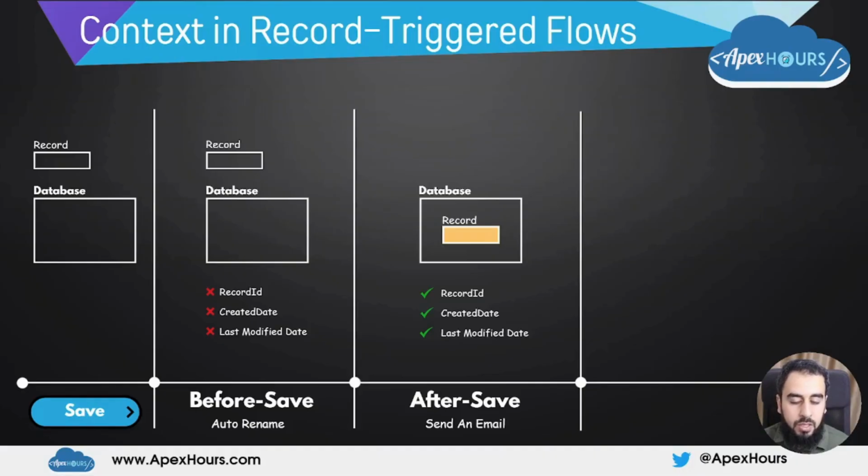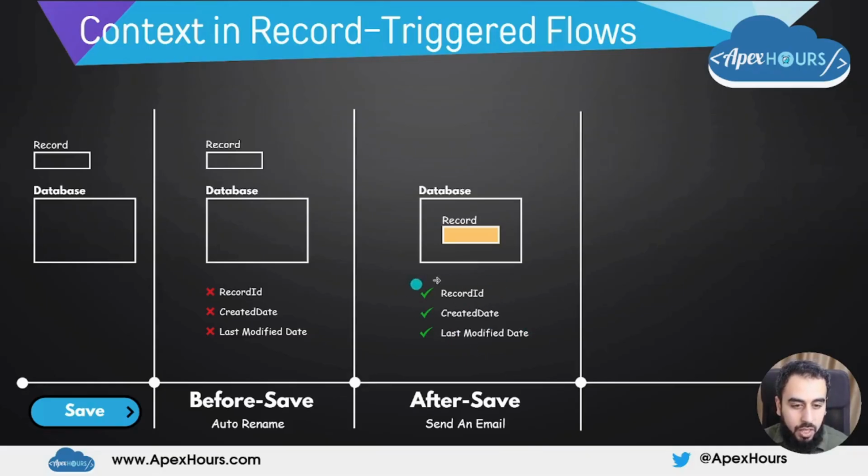At this point, the after save flow will have access to the following information. At this point, the record got sent to the database, got saved into the database. And the fact that it is now in the database means that a record ID has been generated, the created date field has been populated, and the last modified date has been populated.